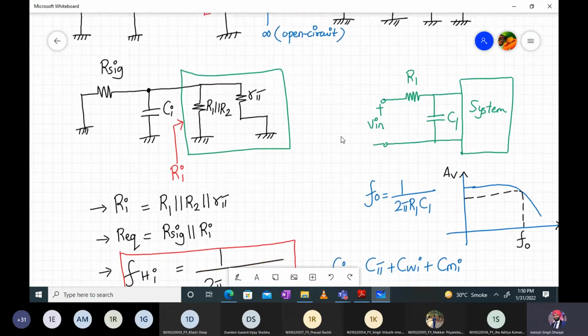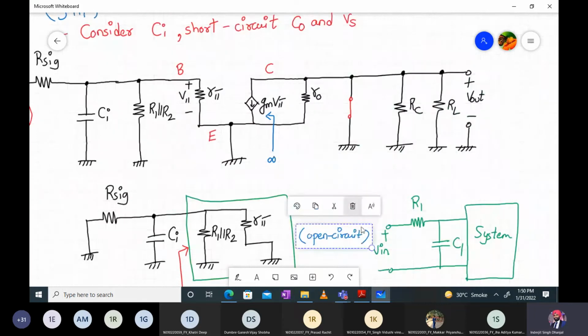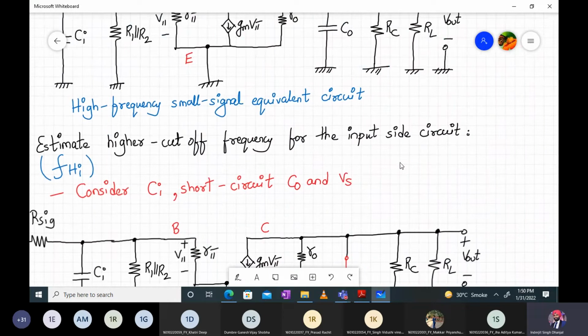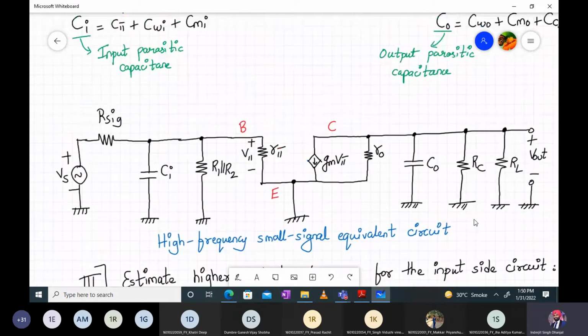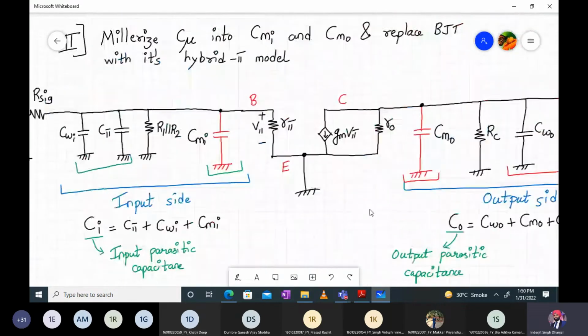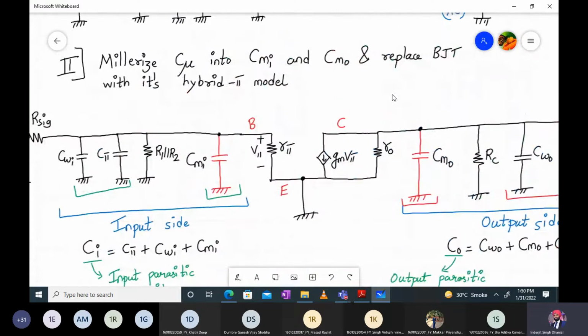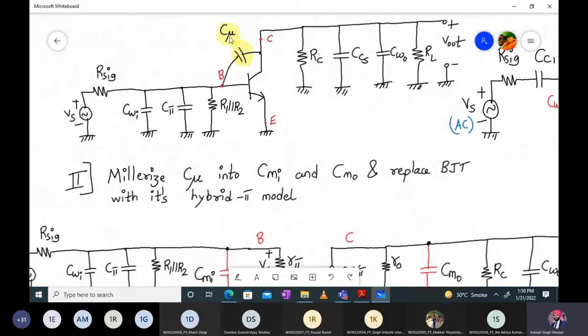Let me go back to the circuit. Over here, what is CM? What did we replace? We replaced C mu, right? So what is the formula for Miller capacitance, input capacitance? 1 minus AV into C mu, correct?